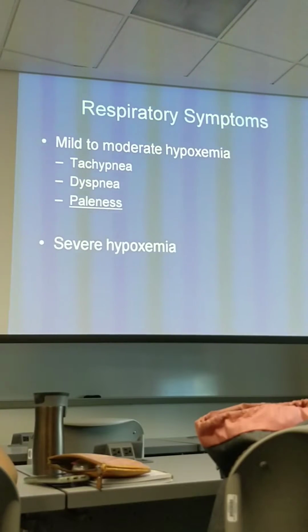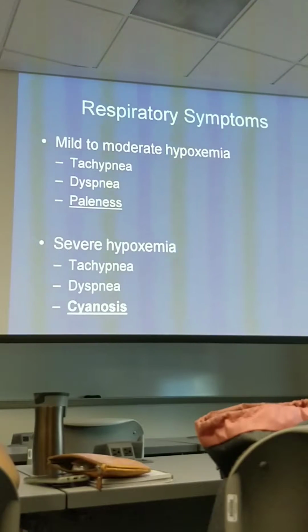Pale. Your skin lacks good color, okay? Now, if you have severe hypoxemia, that means your PO2 drops below 40. You are going to be tachypnic, you're going to be dyspneic, but you're going to be cyanotic, okay?